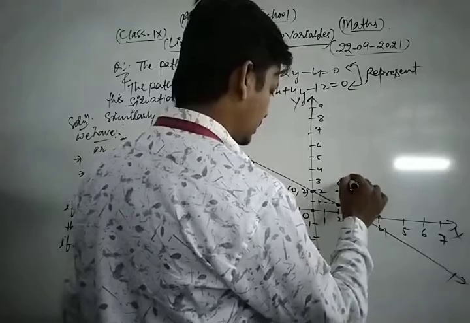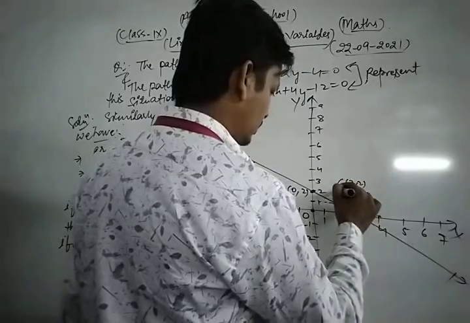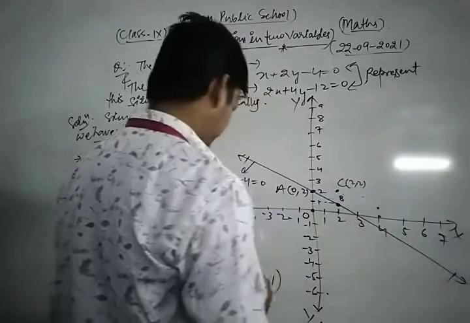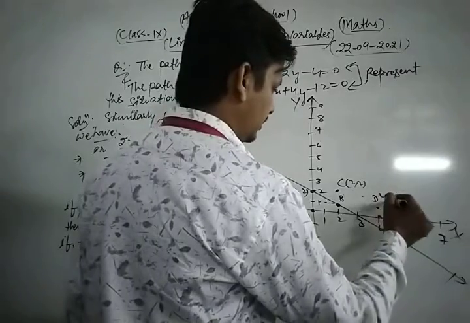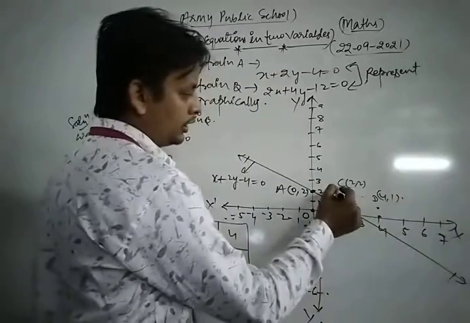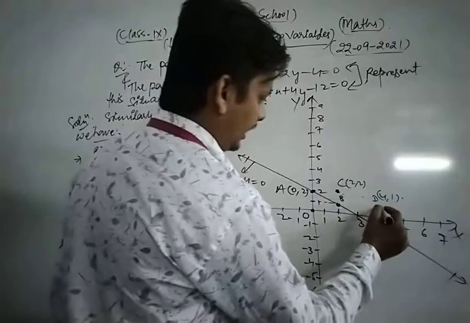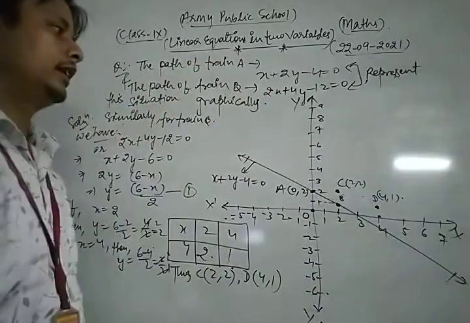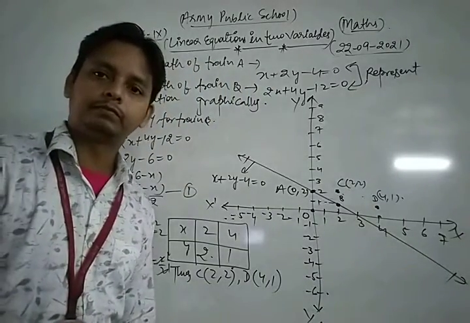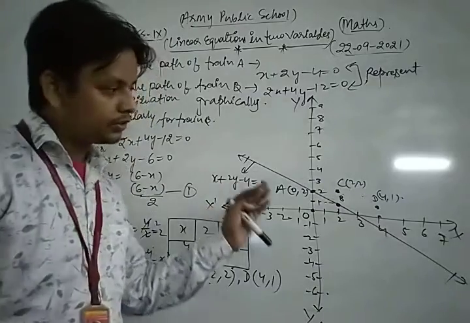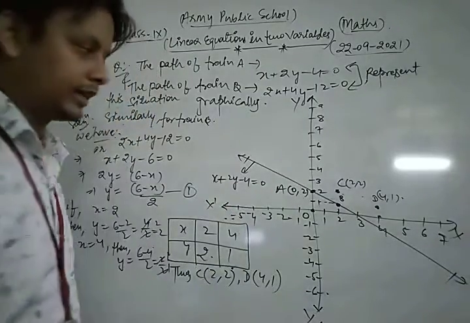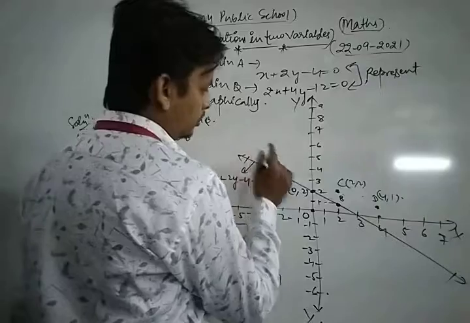This is the location of C, (2, 2), and this is the location of point D, (4, 1). Now we just join them and extend to a line.